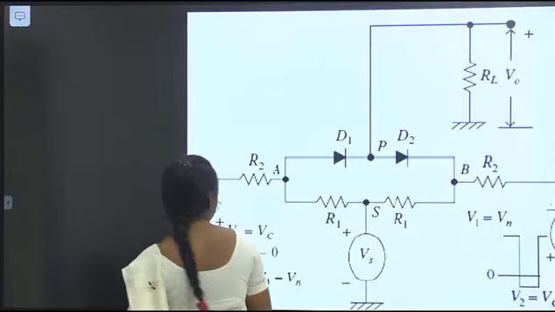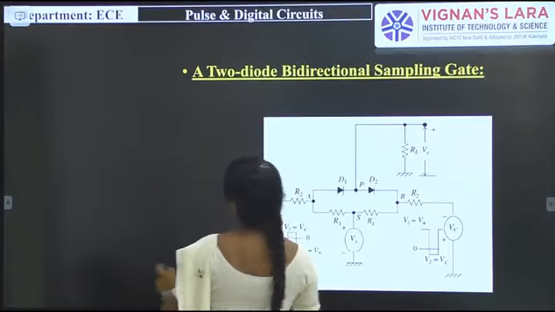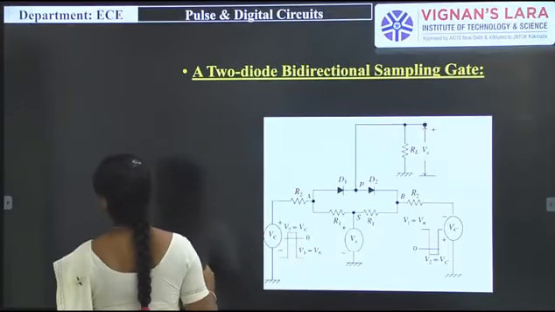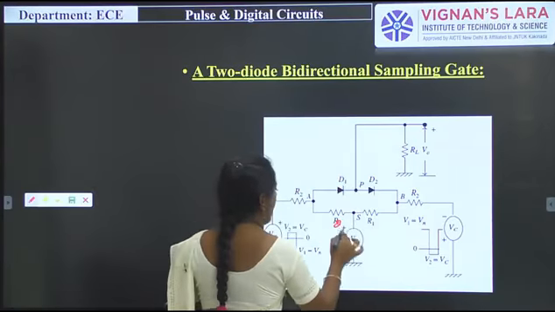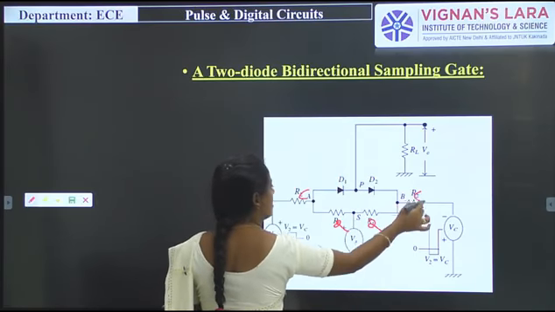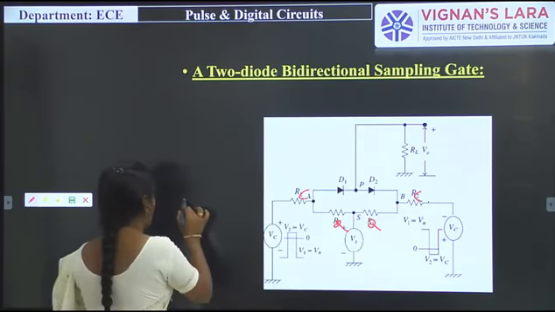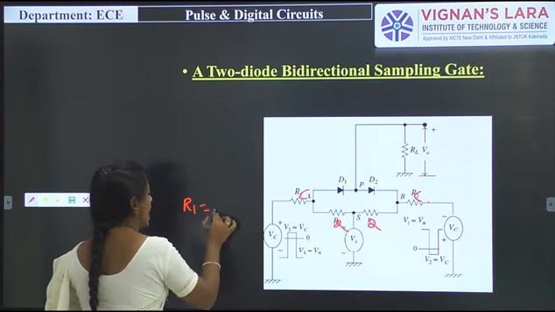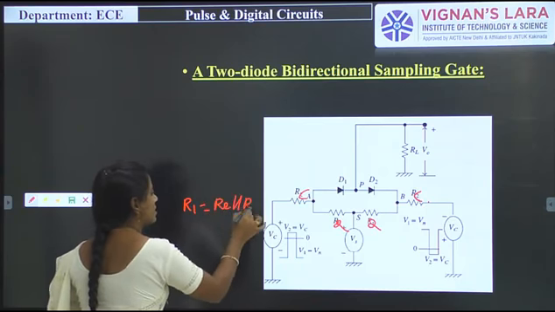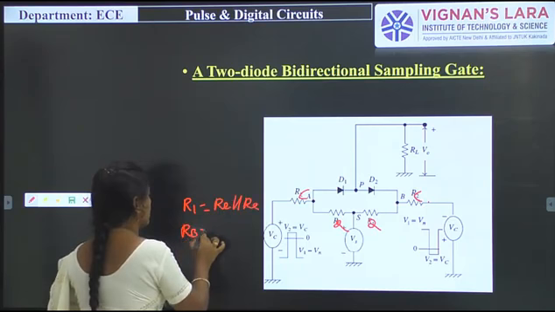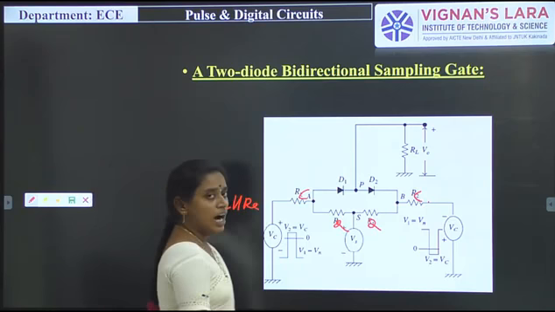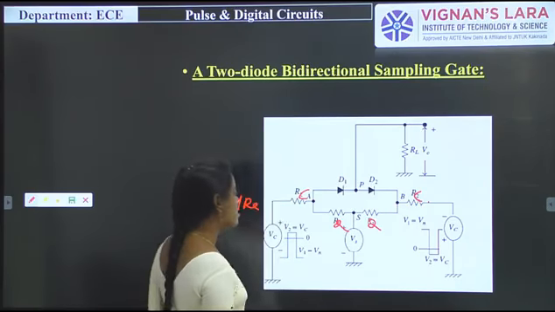And in the diagram, we take this one as R2 and this one will be RC. So simply the first term, R1, is equal to R2 in parallel with RC, and R3 is equal to, what is the resistor R3? R3 is nothing but R1 plus RF.